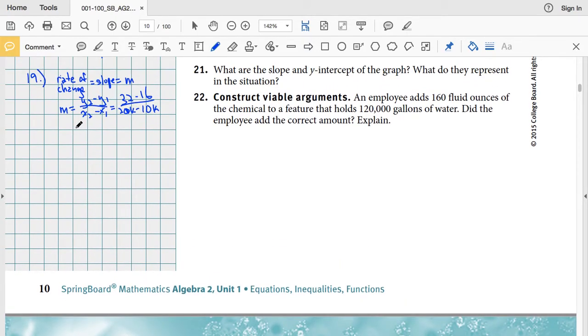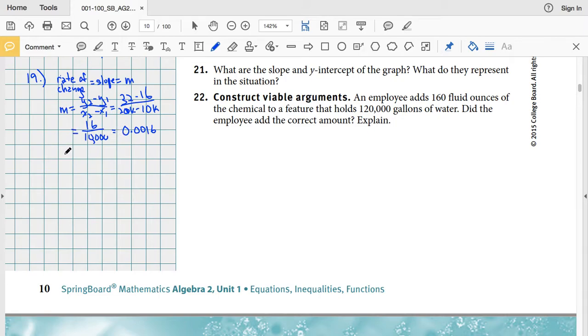And so that is equal to 32 minus 16 is 16, and 20,000 minus 10,000 is 10,000. And when you divide these out, we will just use a decimal form here, 0.0016. So this right here, 0.0016, that is actually our rate of change.